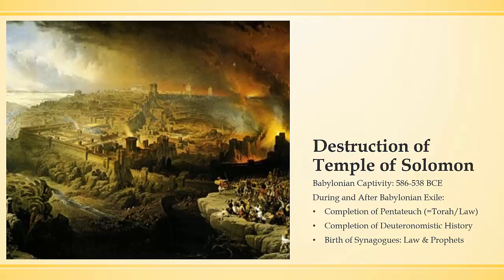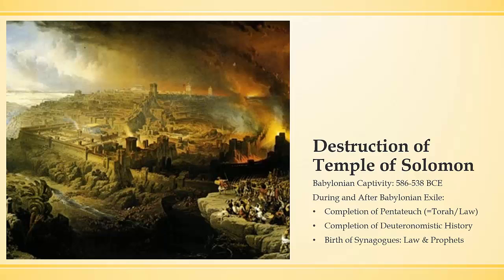Here we see the Babylonian siege and destruction of the city of Jerusalem and the temple of Solomon, beginning in the year 586 until the year 538, so some 70 years later, when the Persians conquered the Babylonians and sent back several thousand Jewish exiles to rebuild the city.